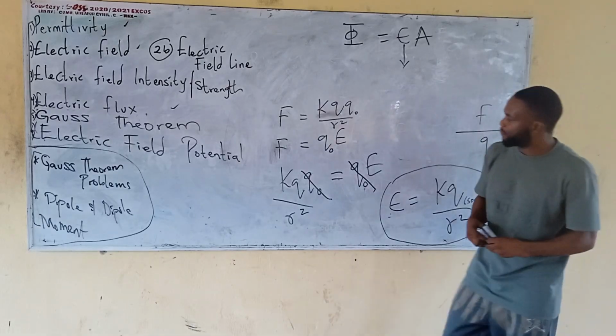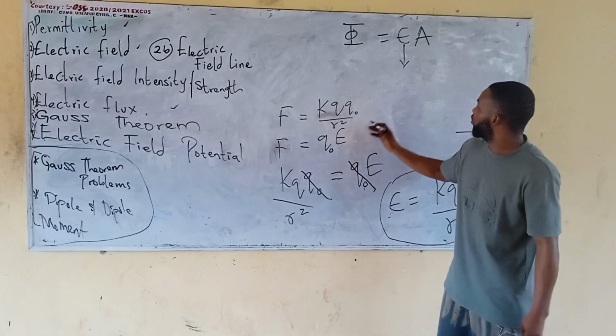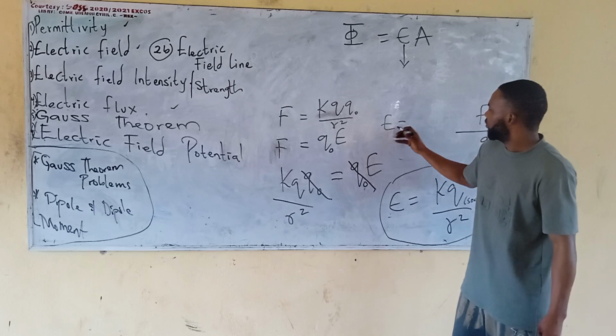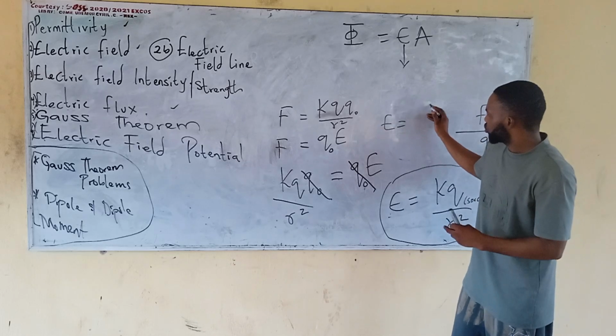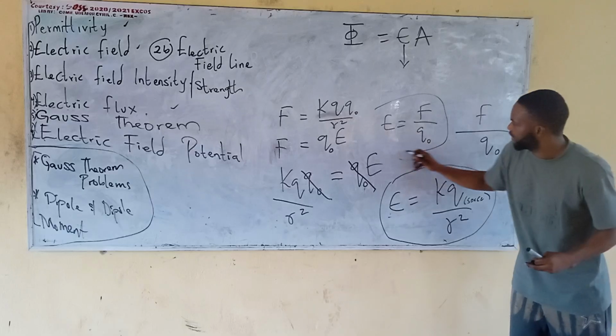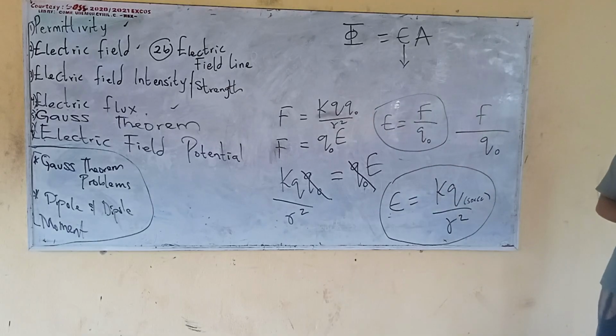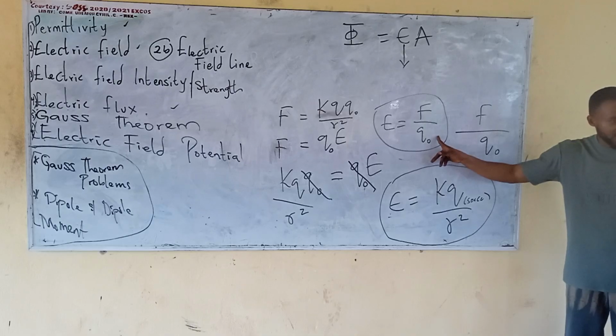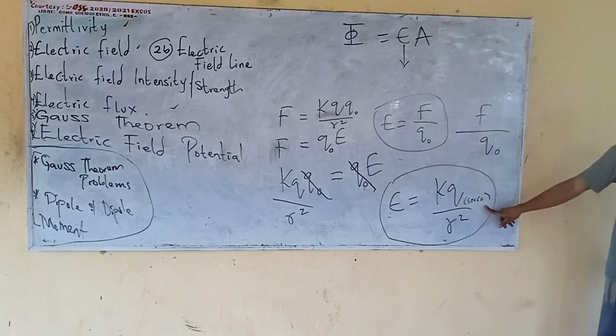But if you have a situation whereby you have a test charge, this is the formula you're supposed to use for electric field intensity. So this is when there is a test charge. This is when there is a source charge.